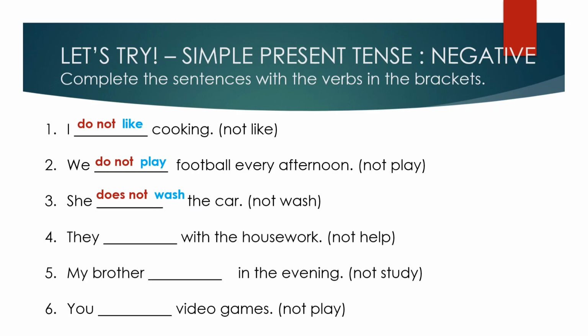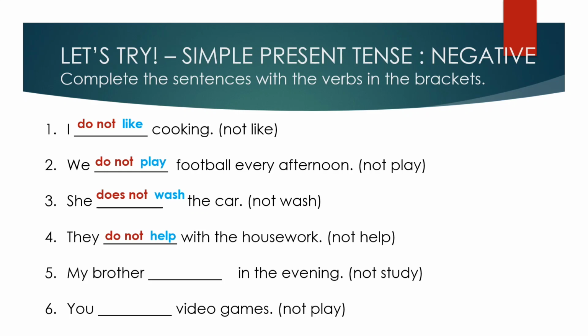Number 4, they with the housework. In bracket, not help. They do not help or they does not help? Which one? Yes, the answer is they do not help with the housework. Okay, number 5, my brother in the evening.